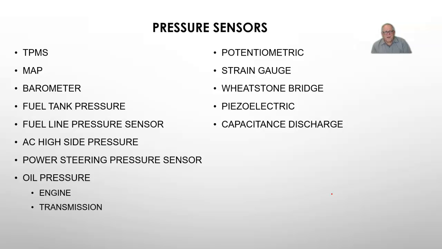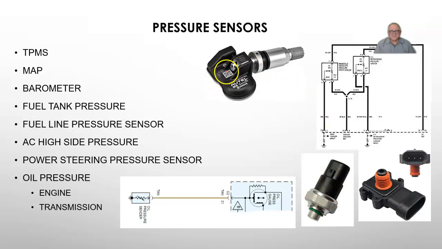If you were checking a MAP sensor and it happened to be a strain gauge or a Wheatstone bridge, and you went to NAPA and said, hey, I need a Wheatstone bridge, they're going to give you this funny look because they're not going to have any clue. You're going to tell them, I need a MAP sensor, make, model, and year. What we're going to be looking at is how are they wired, because that's where you're going to be doing your testing. The TPMS, that's a standalone unit.